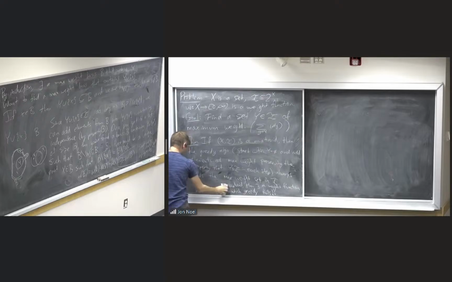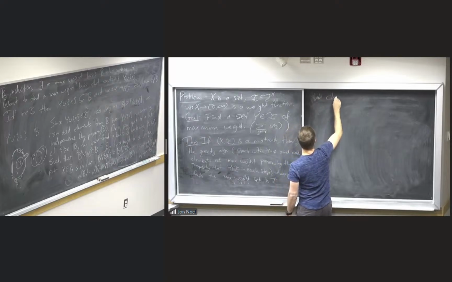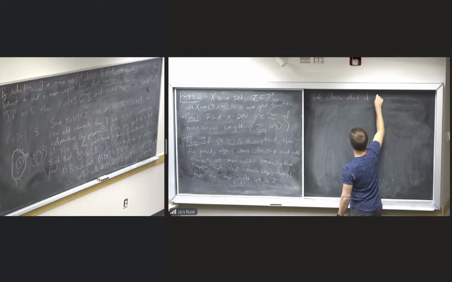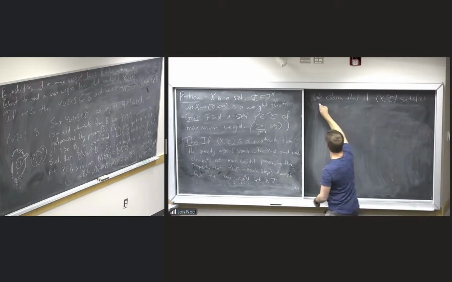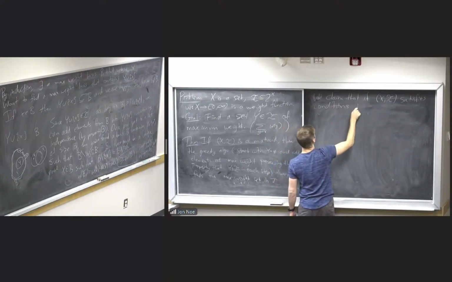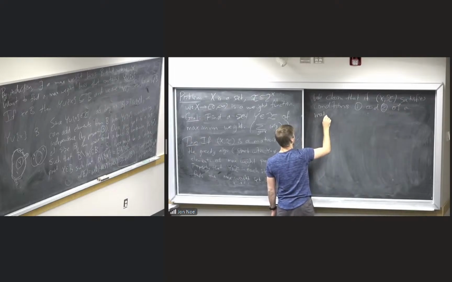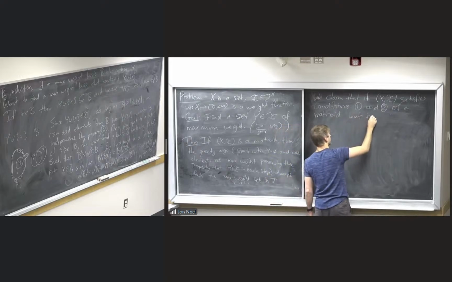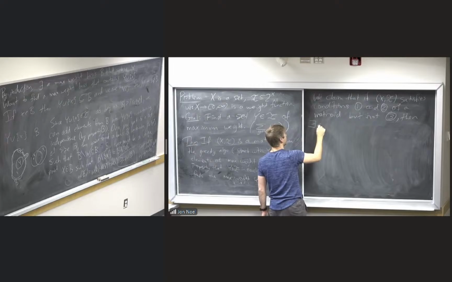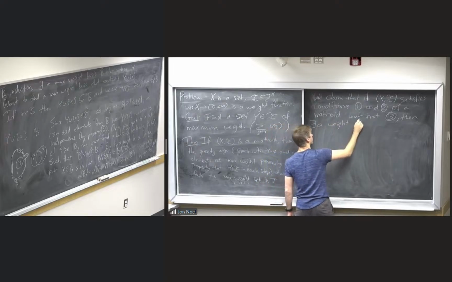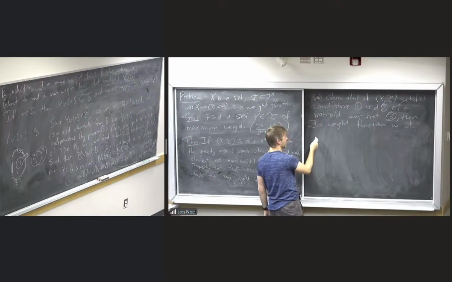So maybe let me clarify this. We claim that if xi satisfies conditions 1 and 2 of a matroid, but not the crucial one, 3, then there exists a weight function W such that the greedy algorithm gives you the wrong set.